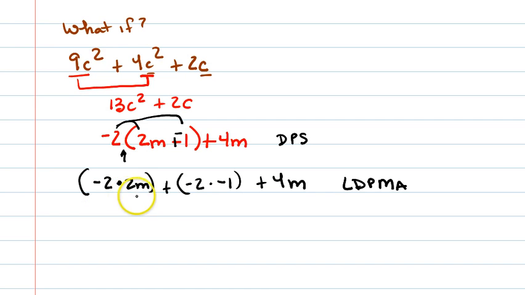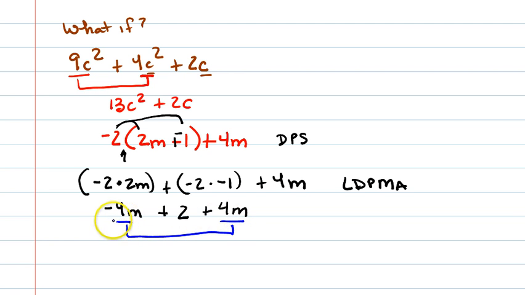Now, I can multiply these two. So negative 2 times 2 is negative 4m, plus a negative times a negative is a positive, so I get 2, plus 4m. Now, notice I now have all addition signs. I have one set of like terms.